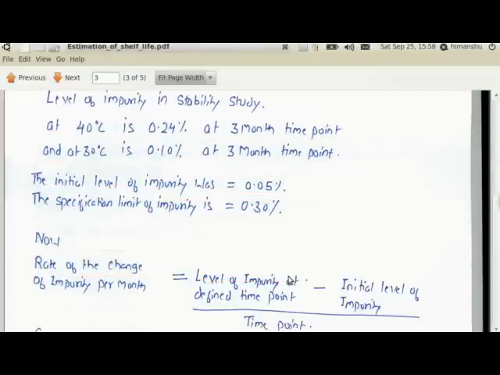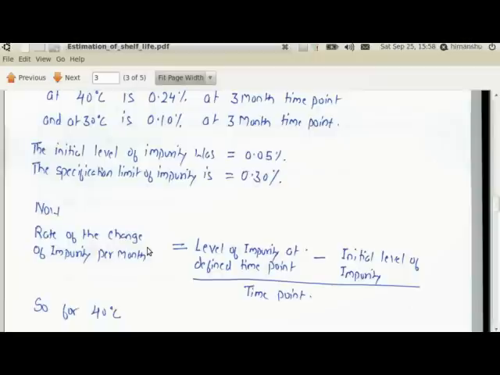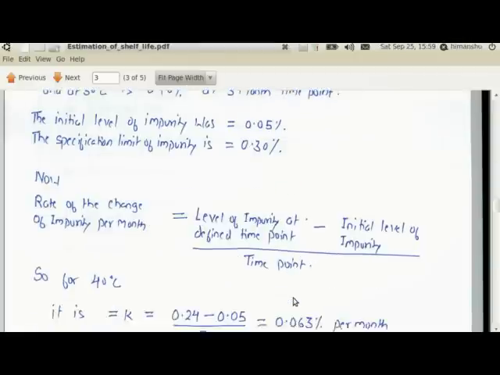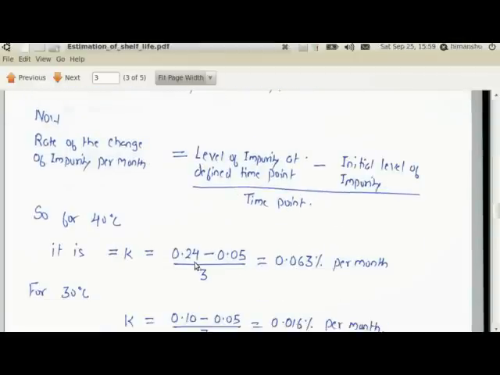Now the rate of the change of impurity per month is equal to the level of the impurity at a defined time point, that is, at 40 degrees centigrade it is 0.24%, minus the initial level of impurity, divided by the time point.